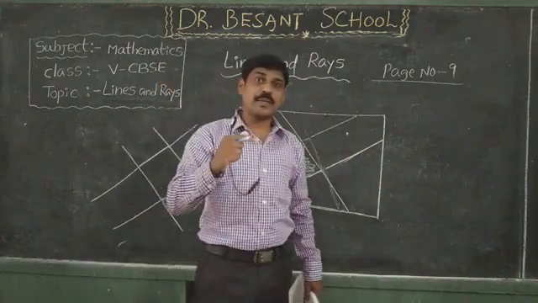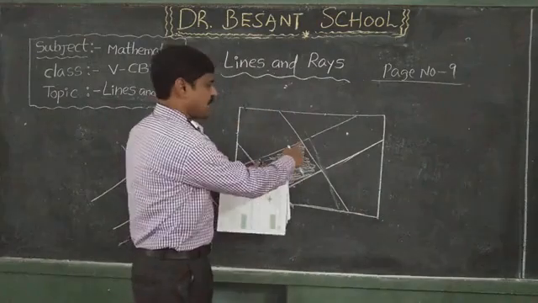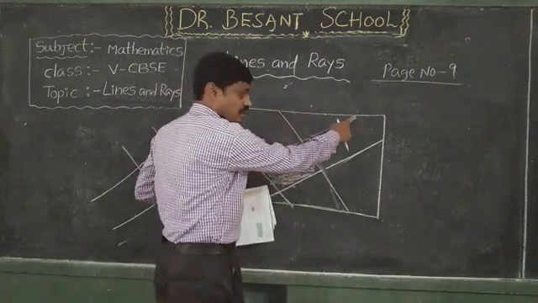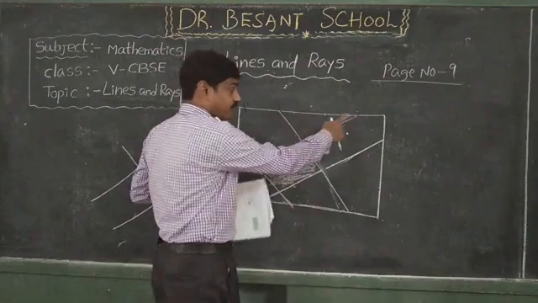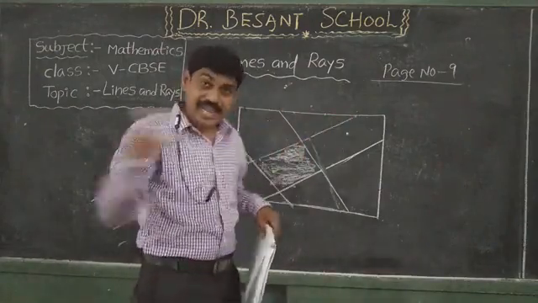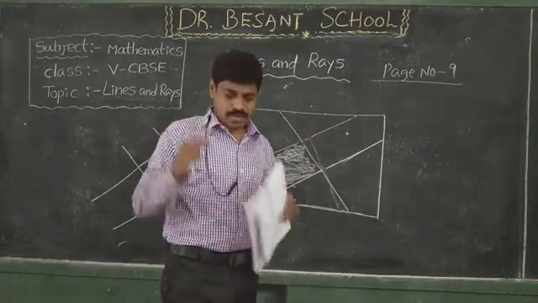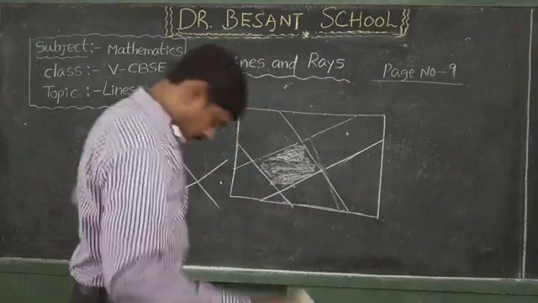It may be a bigger line segment, so this is the smaller one and this is the bigger one. The smaller one is a part of the bigger one, and the smaller one is also a part of a line. Now come to the point.